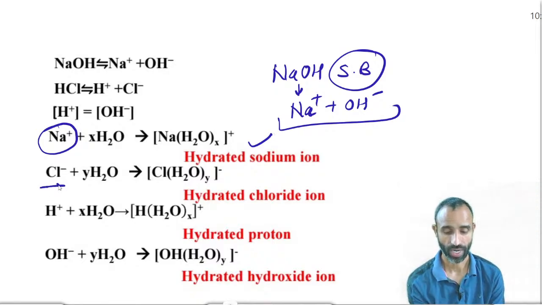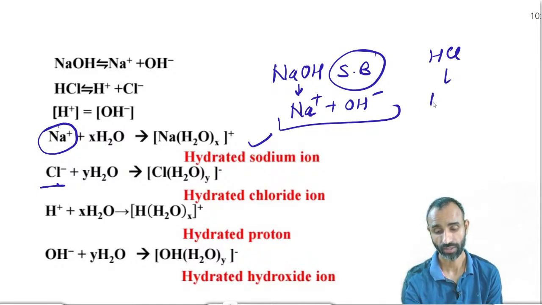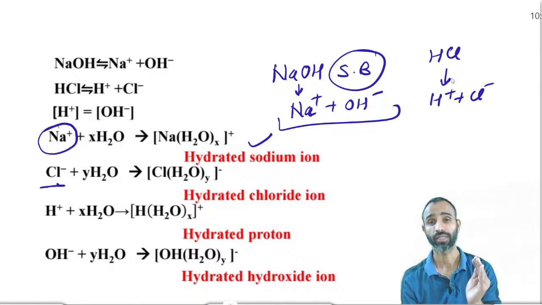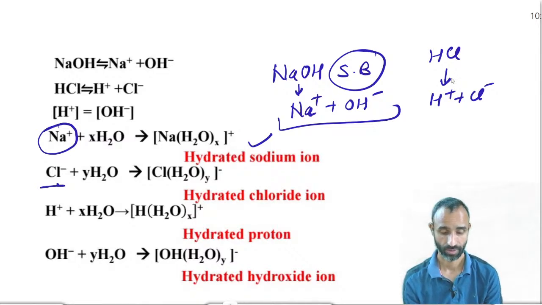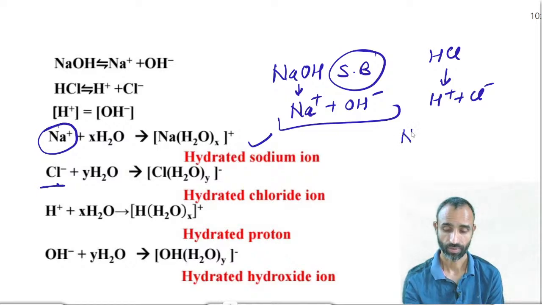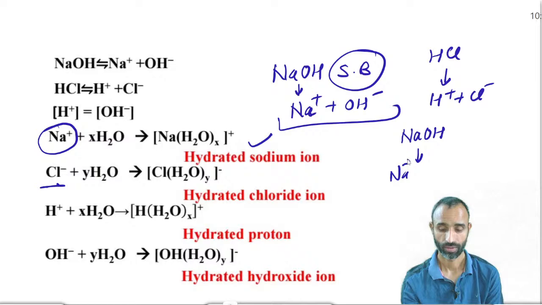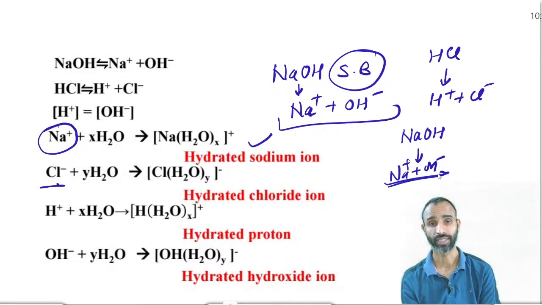Same with chloride ion, which gives HCl, a strong acid. It is also not hydrolyzed. It is again hydrated. OH negative, like we have in NaOH. So Na plus as well as OH negative, both are hydrated.